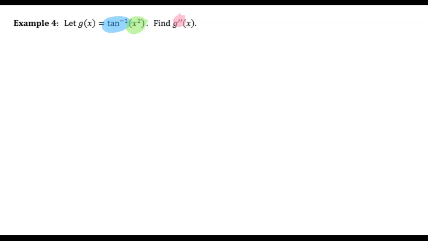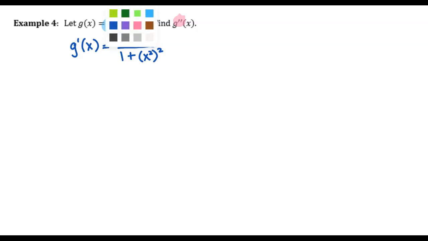Let's get there. So we need g prime of x. Now, just like we did before, the derivative of arctan is 1 over 1 plus stuff squared. So we'll leave that inside function alone. I think this is the part students struggle with the most, just like with ln at the beginning, when we just want to write down that the derivative of ln of something is 1 over x.